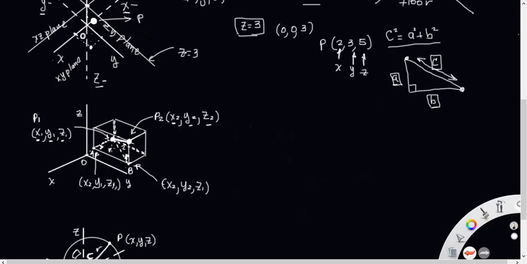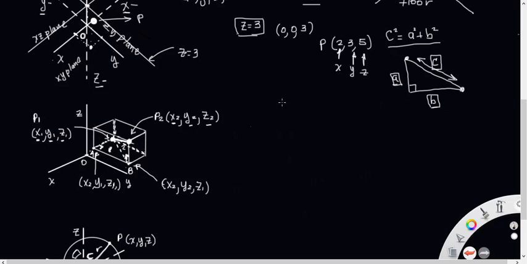So let's say this is triangle number 1, and we have another triangle here. The hypotenuse for this one is P1 and P2. We have the side P2B and P1B. So this is triangle number 2, and both triangles are right angle triangles.